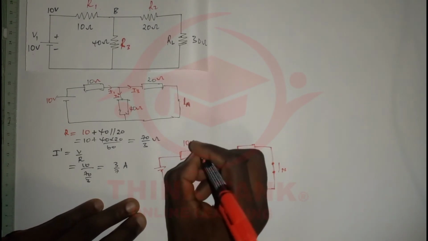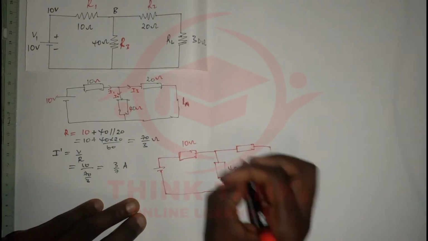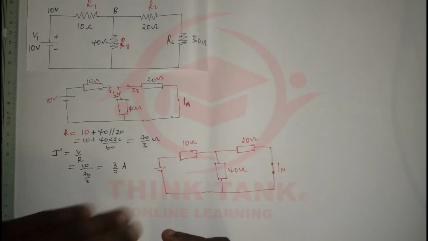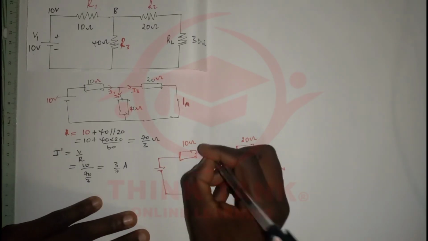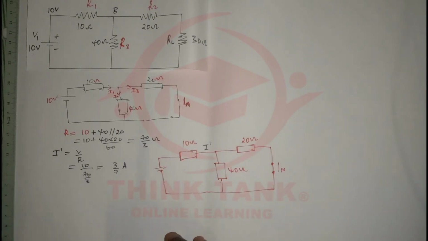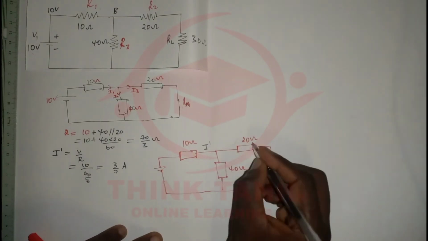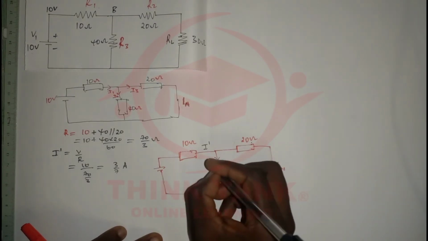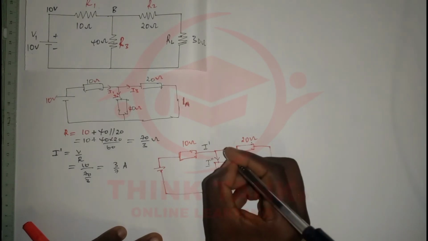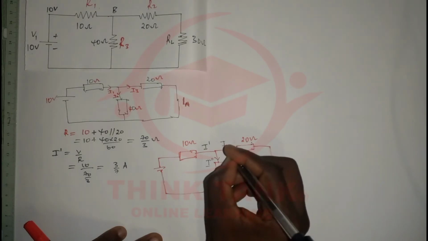It's 10 ohms here, 40 ohms here, and 20 ohms here. The current that we have calculated is the current right here. This is where I bar is. But to find the Norton current, we need the current that's going to pass through the 20 ohm resistor, but it's going to be the same here. We know this current is going to split here. We're going to have I bar here, and I bar here.